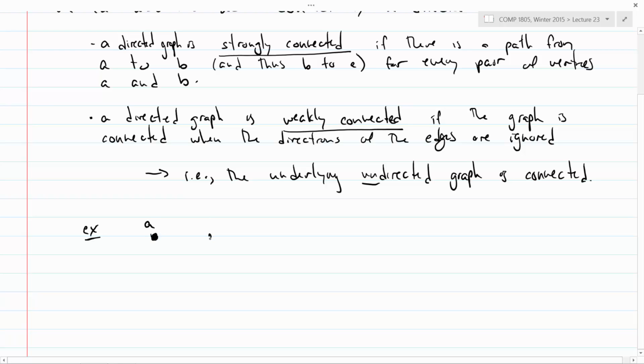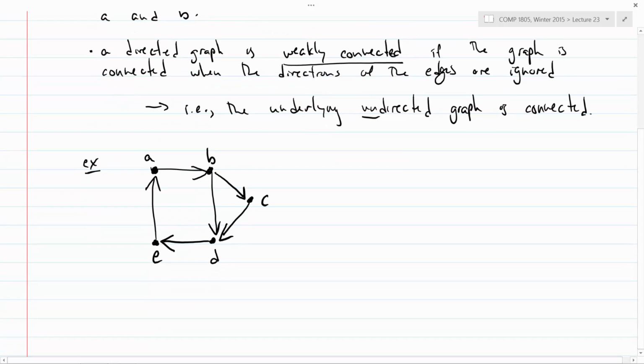This is A, B, C, D, and E, and I'm going to have edges that look like this.